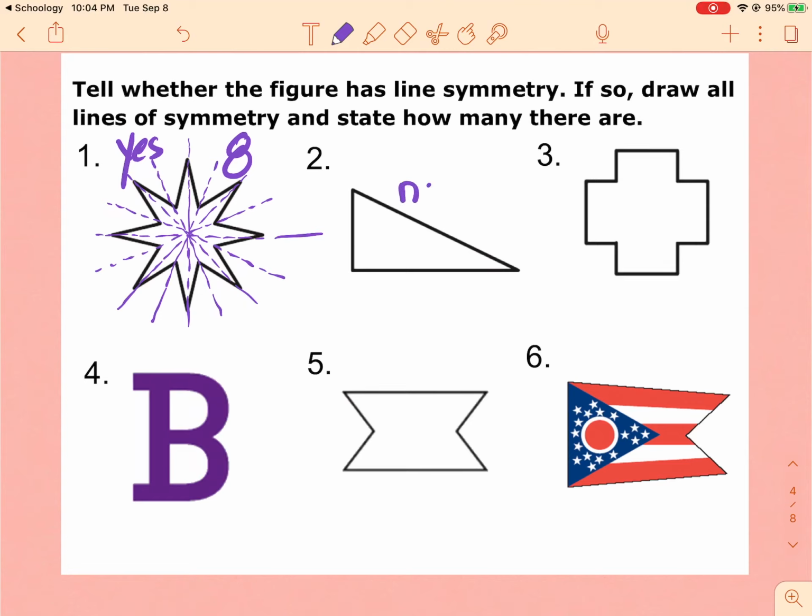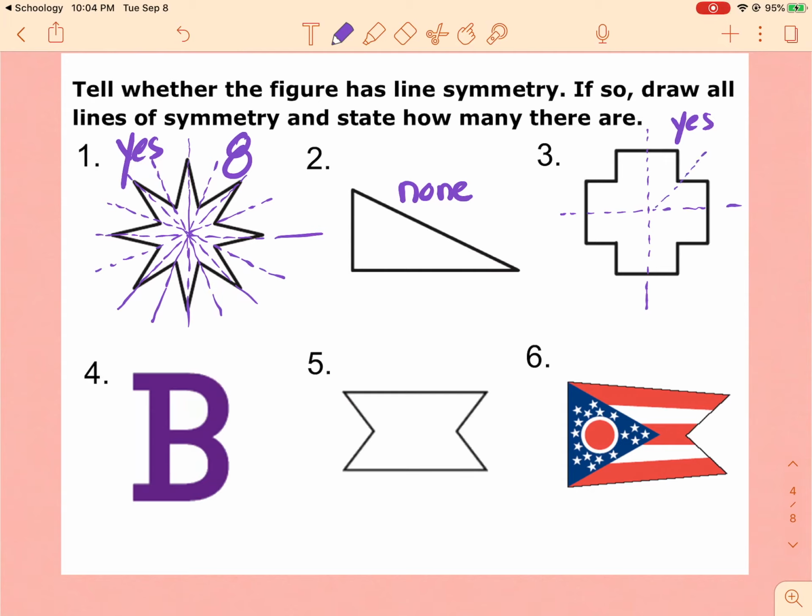When you get to number 2, I think you would recognize that there are no lines of symmetry. I can't draw a line for it to reflect across and match up exactly. With number 3, I think you would agree, yes, I can fold it right there. I could fold it right there.